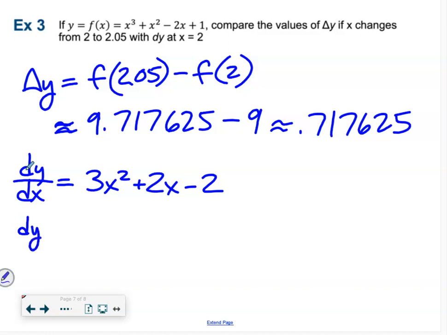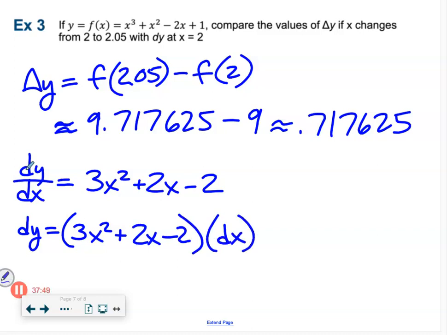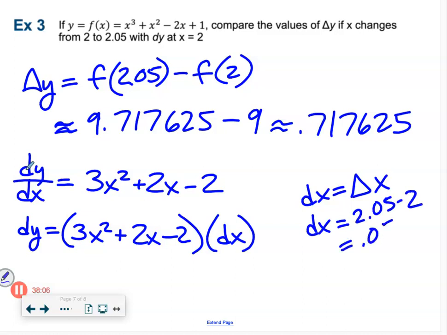So we're actually going to multiply both sides by dx, giving 3x squared plus 2x minus 2 times dx. And remember, our dx is the same as our delta x. So our dx, which is our change in x, is 2.05 minus 2, or 0.05.